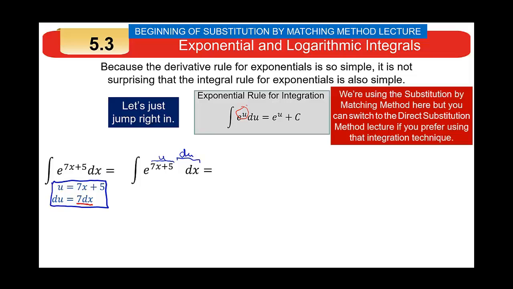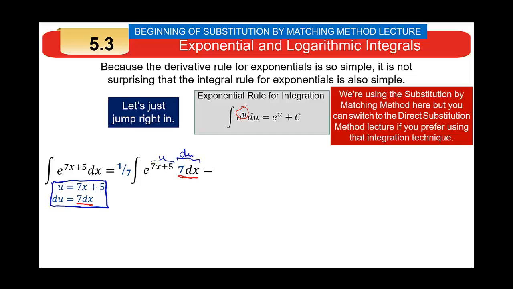But as we know, we can fix that as long as we're off by at most a constant. We can fix that by putting a 7 inside to the left of dx as long as we compensate by multiplying by its reciprocal, which will be 1/7 on the outside. This is what our matching method teaches us to do.